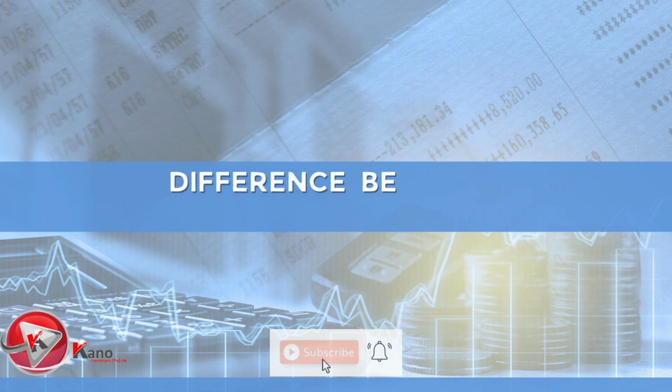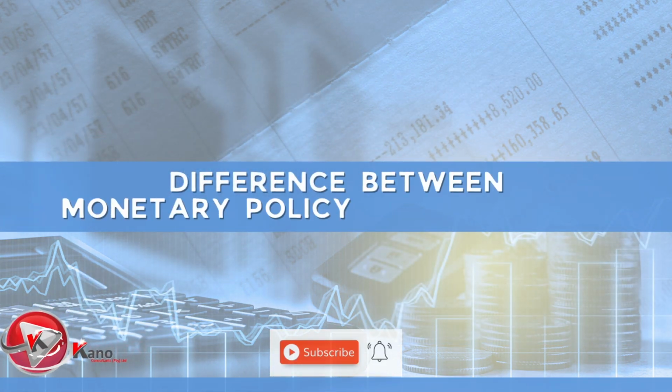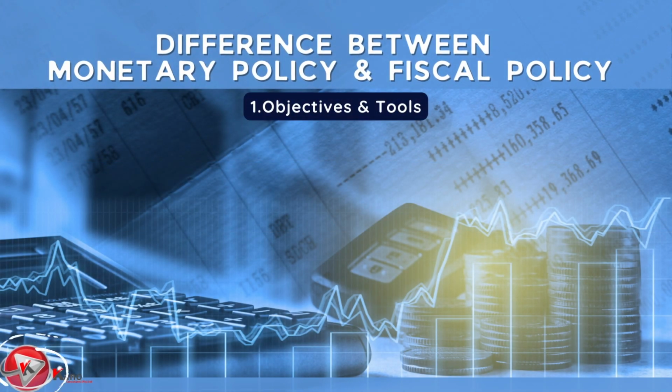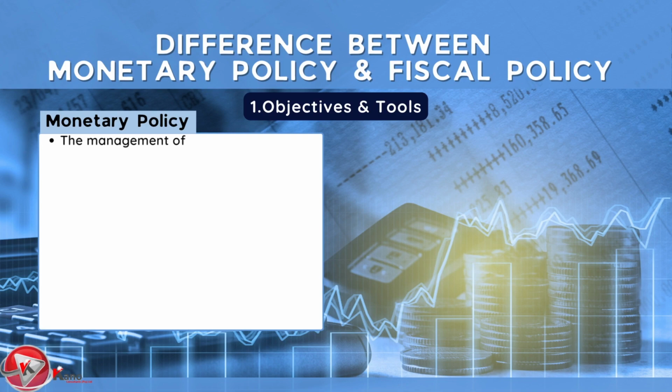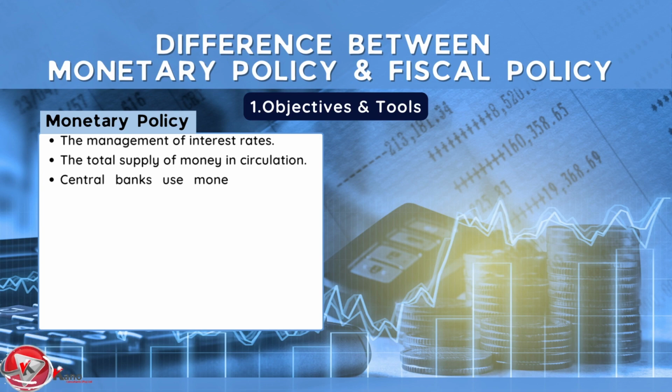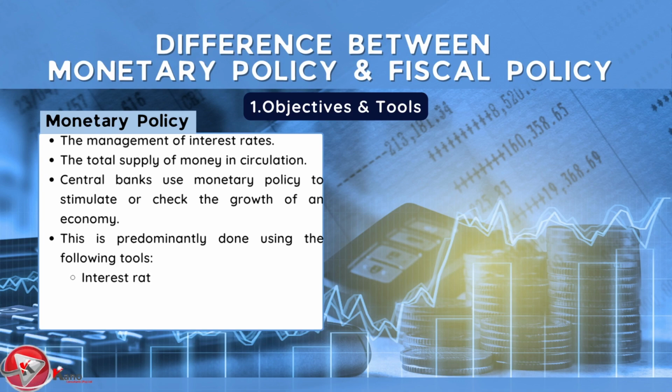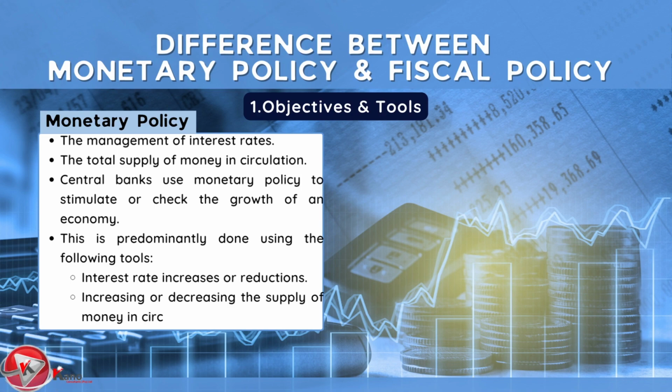So, what is the difference between monetary policy and fiscal policy? As previously indicated, the primary concern of monetary policy is the management of interest rates and the total supply of money in circulation. Central banks use monetary policy to stimulate or manage the growth of an economy. This is predominantly done using tools such as interest rate increases or reductions, as well as increasing or decreasing the supply of money in circulation.